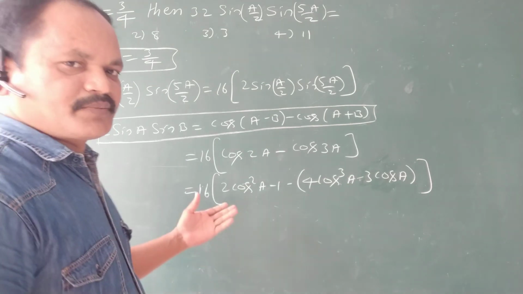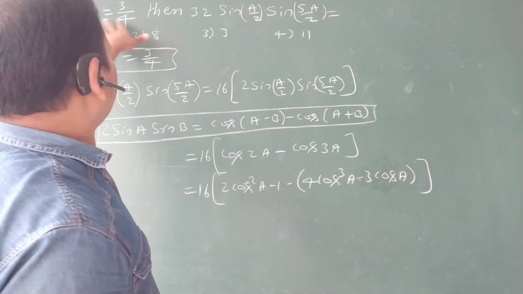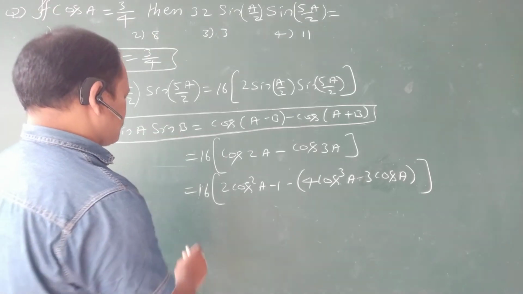Now substitute the values. The value of cos A is 3 by 4, we have to substitute here.